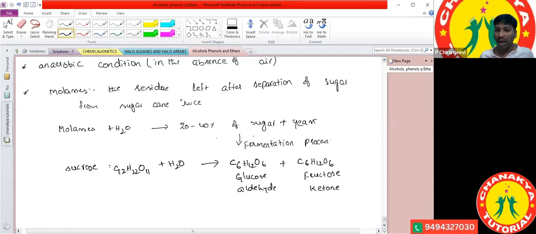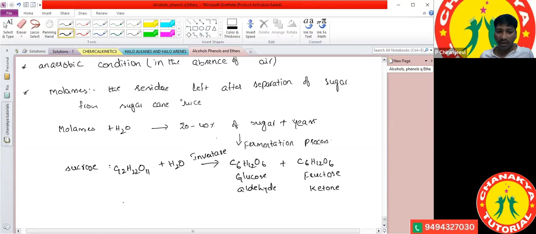Now, which enzyme is released? The invertase enzyme. Sucrose is converted into glucose and fructose in the presence of invertase enzyme.